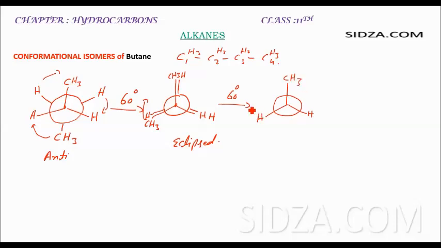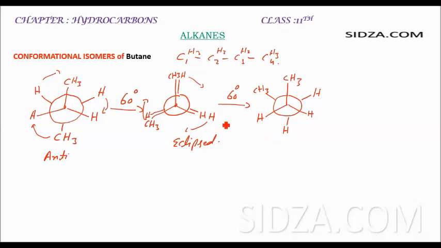I am only rotating the back carbon, right? Initially the methyl was here, now the methyl in this one is here. Now the same methyl will move over here, so you get a methyl group over here. CH3 will be here, this hydrogen will be here, and this one will be here, right? So it will shift like this, and you get a hydrogen here and a hydrogen here.